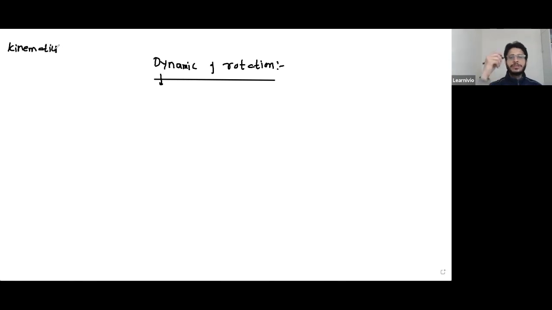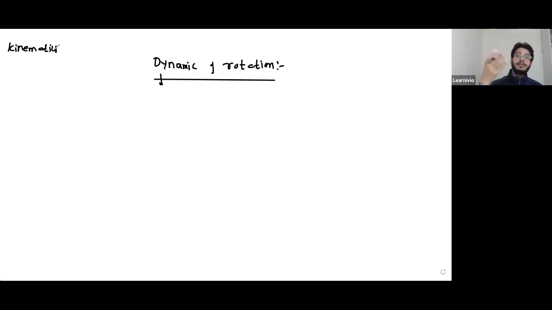The next thing is dynamics of rotation. By the way, what is the difference between kinematics and dynamics? Dynamics is with force, like including force, and kinematics without force. That's true in straight line motion. Basically, kinematics means study of motion without considering its cause. Studying motion means you will study displacement, angular displacement in rotation, linear displacement in straight line motion.